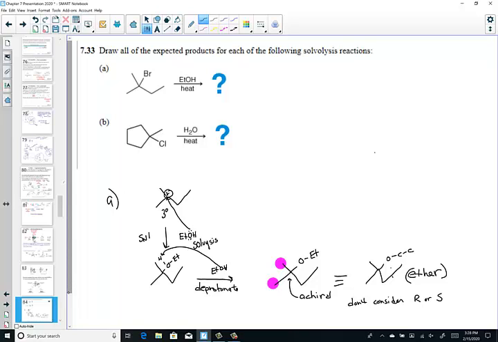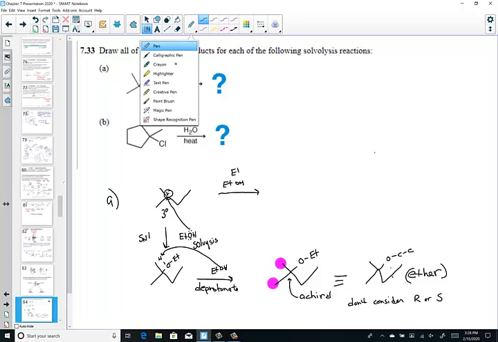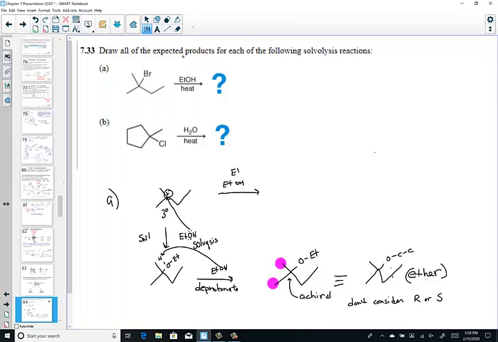What about the elimination? Let's go this direction and treat this as an elimination reaction. So EtOH now is going to act as a base. And as a base, we need to find the beta hydrogens. The beta hydrogens occur, I can see, in a position here and here, but those are equivalent, and I can see them here.